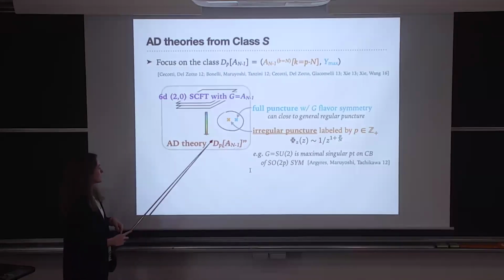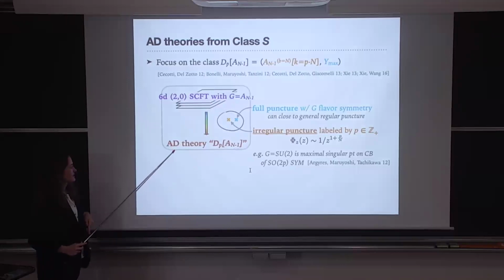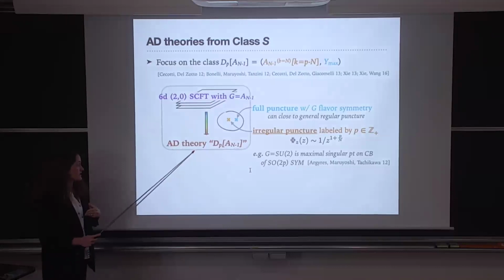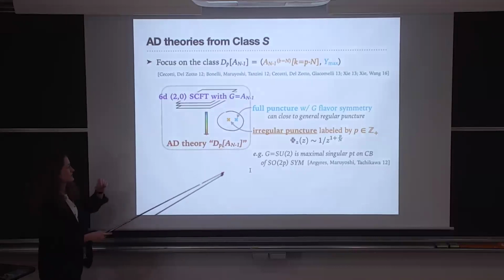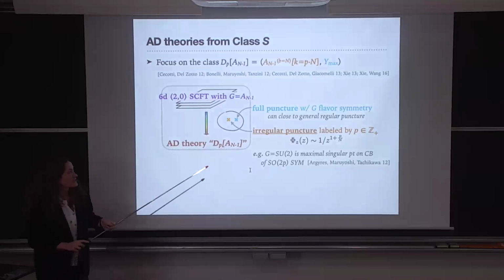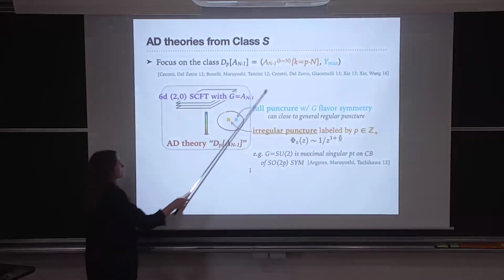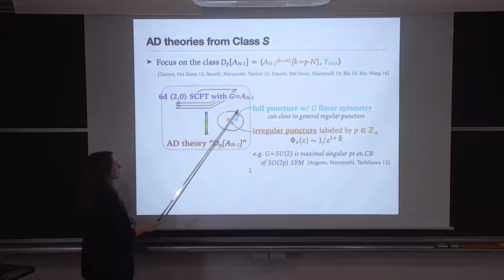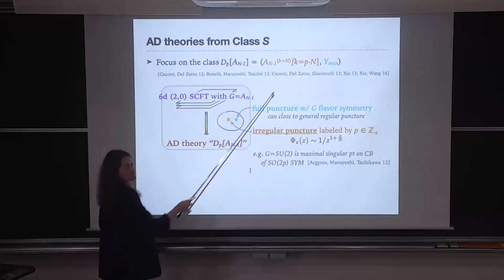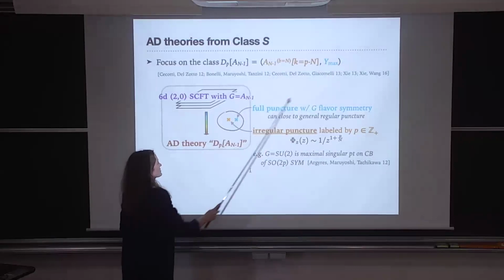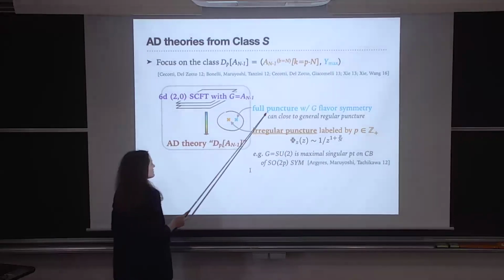And so at the end of the day, when I compactify 6 dimensions down to 4 dimensions, for this class of theories, I get a 4-dimensional N=2 preserving conformal field theory, which is one of these Argyres-Douglas type theories. Called this D_p(A_{N-1}) or D_p(SU(N)) for the cases that we're talking about. If you follow the literature, you might also see this sort of labeling, which I've color coded. You might label it by the irregular puncture, by this integer p basically, and by the regular puncture, which is in this case a maximal or full puncture.